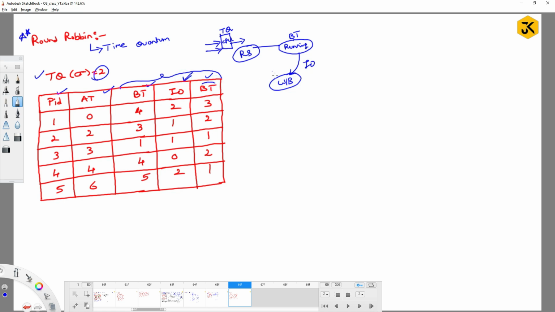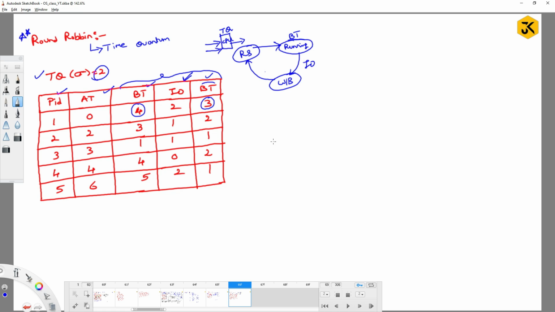Then again it enters the ready state, and then it comes back to the CPU burst. This means a total of 7 units of time is required to complete process P1. Right? So like this it will work.